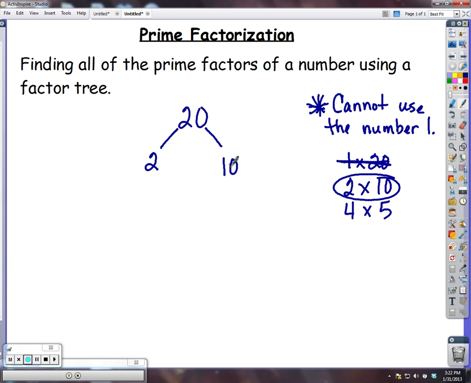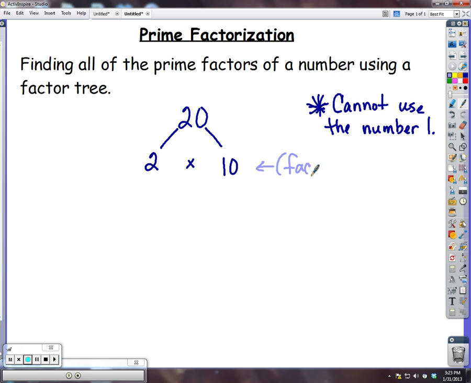But it is multiplication, so we need to put the multiplication sign in between. These numbers that we are using are called factor strings because they are a string of factors. So our first factor string is 2 times 10.